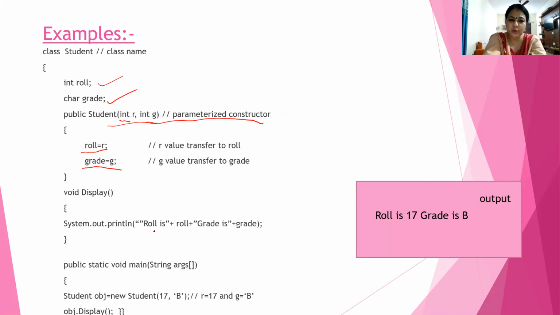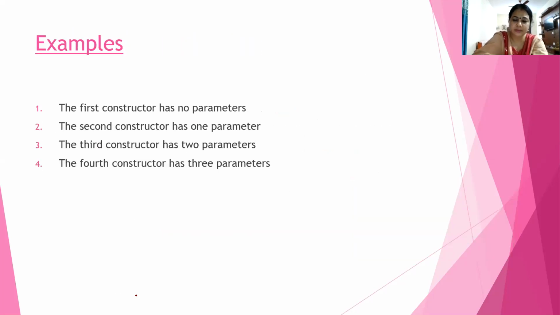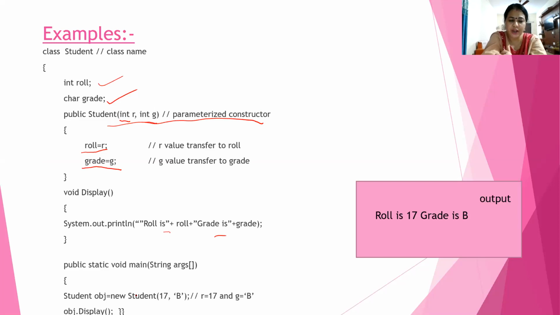Now, when I am showing the roll number and the grade, just look here: the student object, new student 17 and b. I am providing 17 for the roll number and the grade is b. r is 17 and g is b.